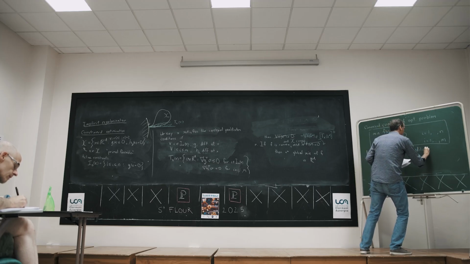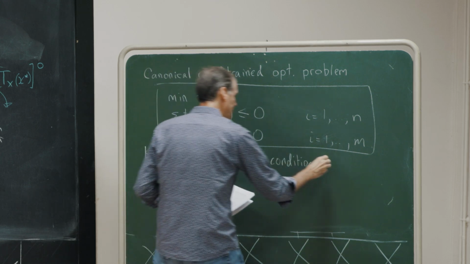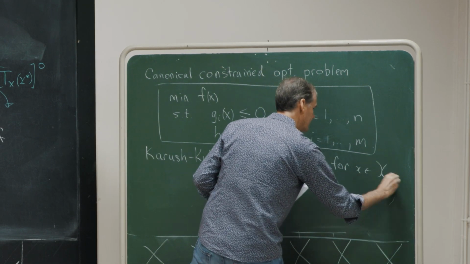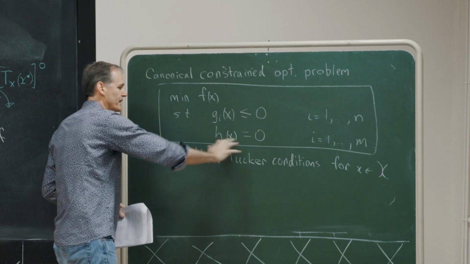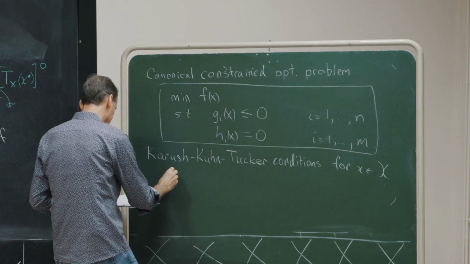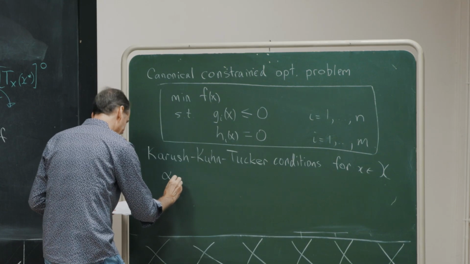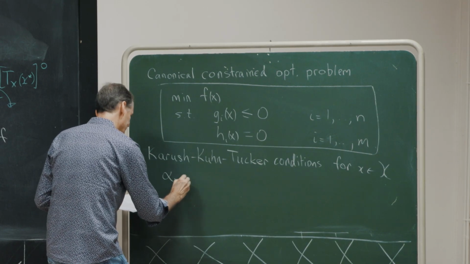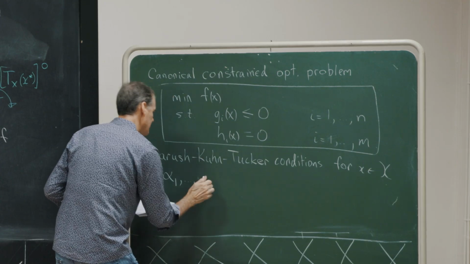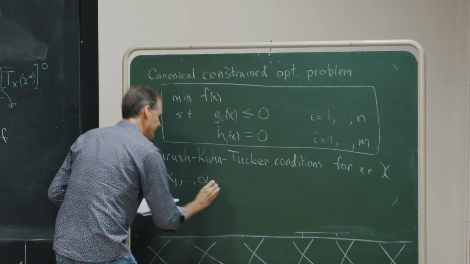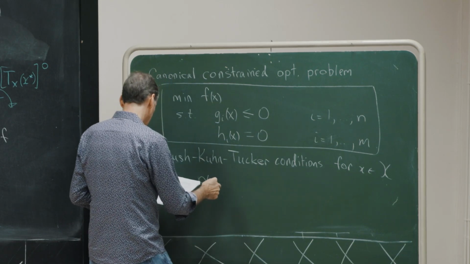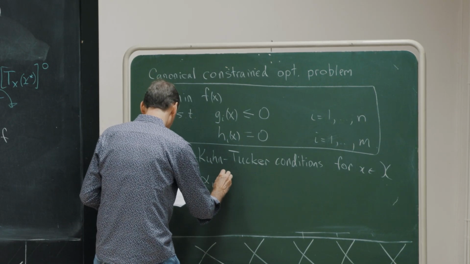Now these are conditions not just for an x in our constraint set X, the set of points that satisfy these equalities and inequalities, but we also have dual variables, alpha 1 to alpha n, you can think of as Lagrange multipliers.